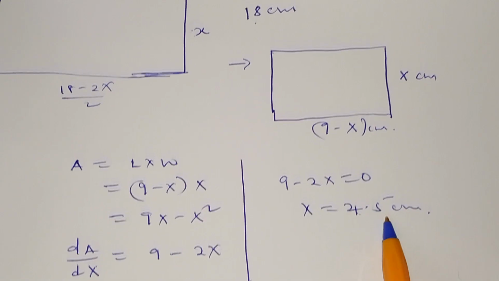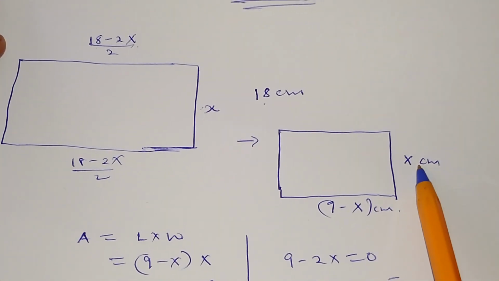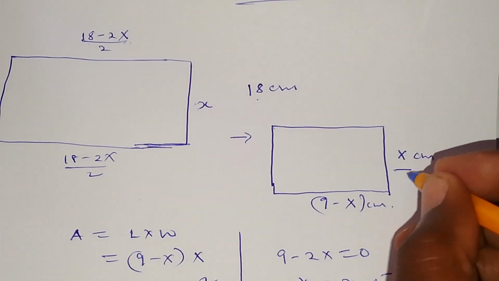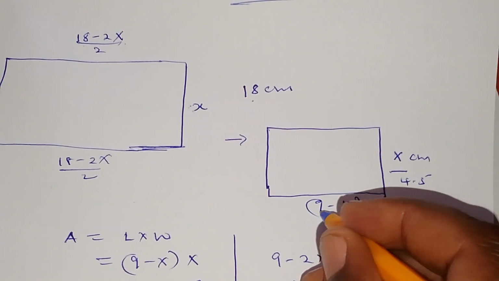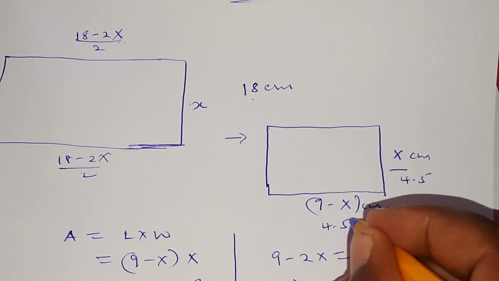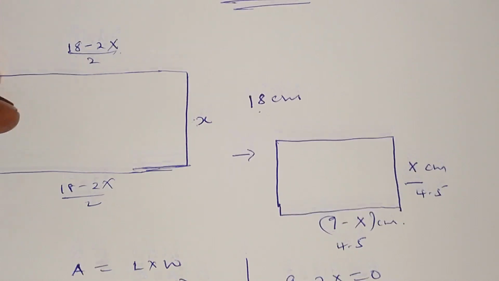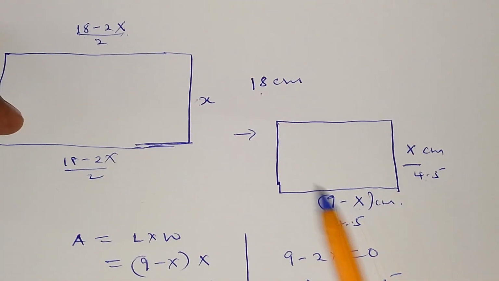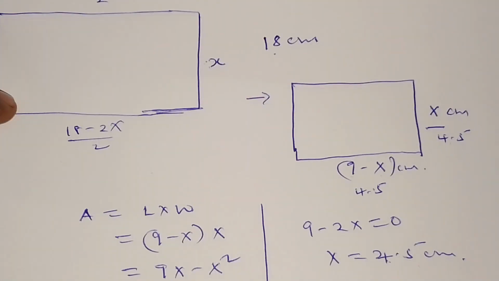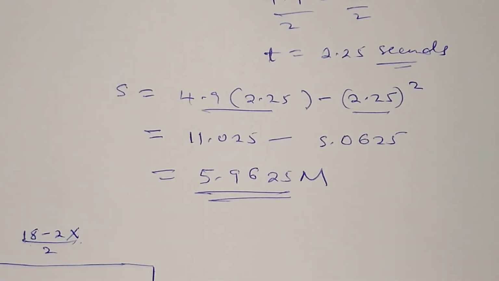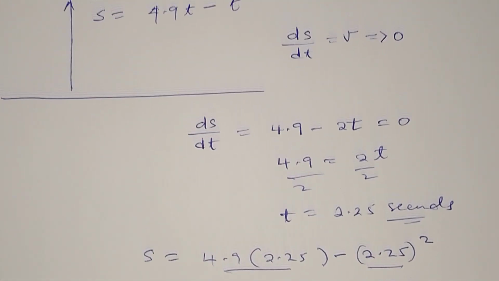Now if x is 4.5, you can substitute back here to get the dimension. So this is 4.5. 9 minus 4.5 is 4.5 centimeters. So those are the dimensions that would give a maximum area from the 18 centimeters piece of wire.